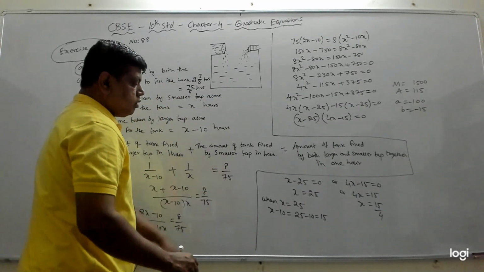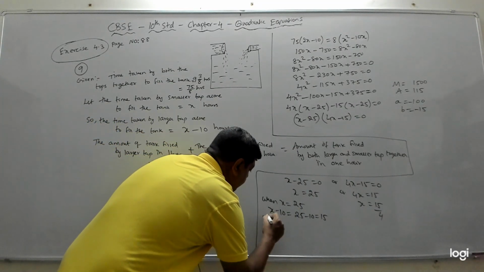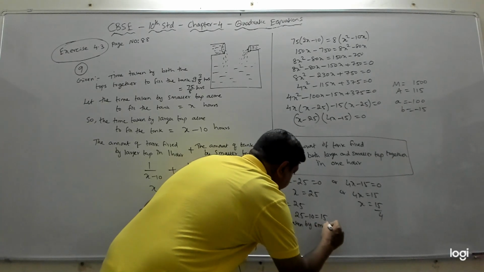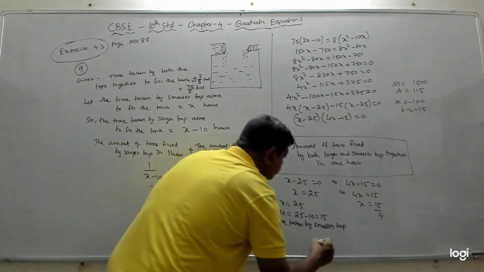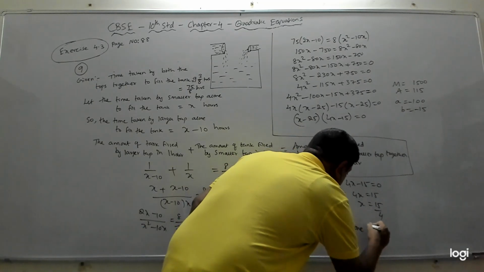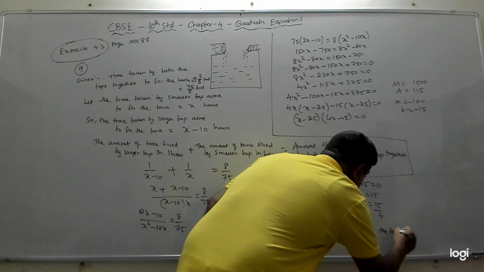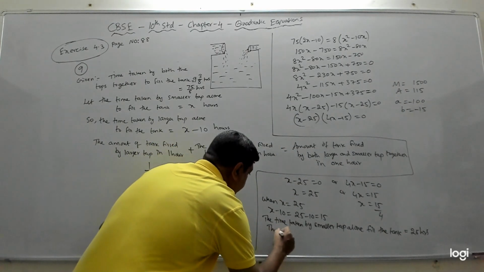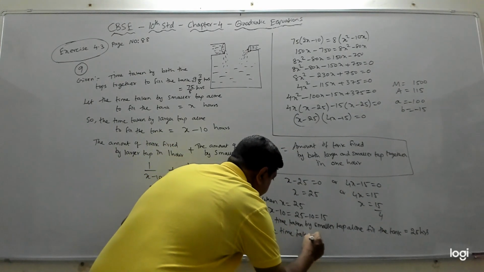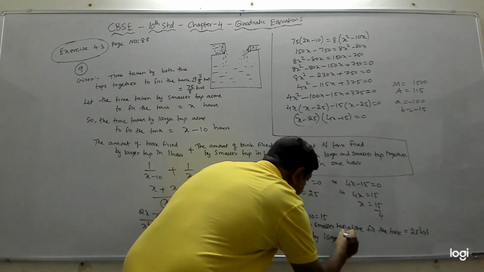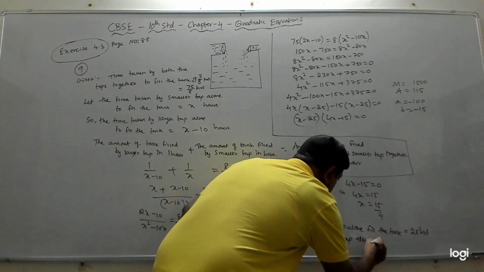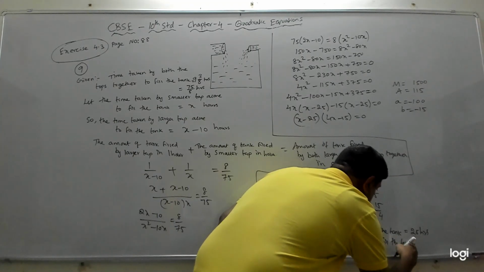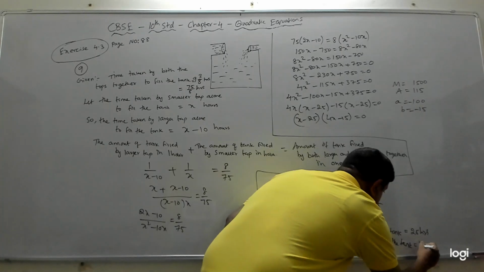So when x is 25, the time taken by the smaller tap alone to fill the tank is equal to 25 hours, and the time taken by the larger tap alone to fill the tank is equal to 15 hours.